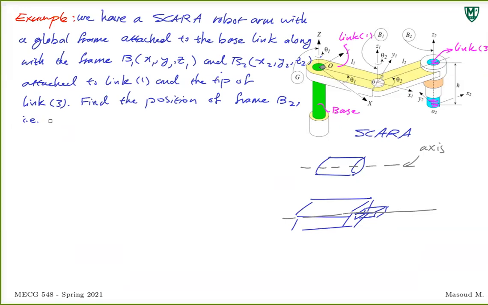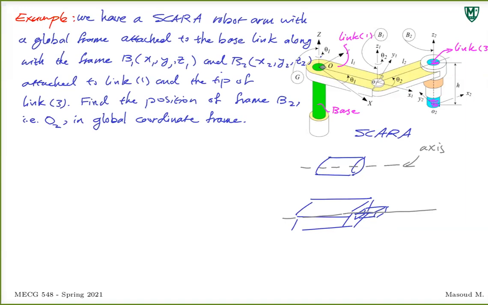That's going to be O2 eventually. O2 in the global coordinate frame. All right.